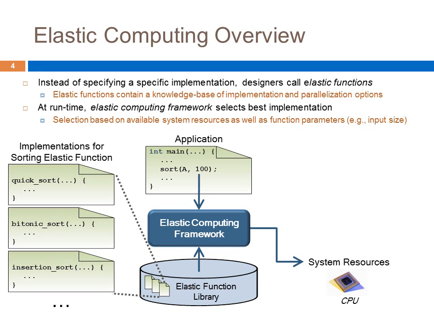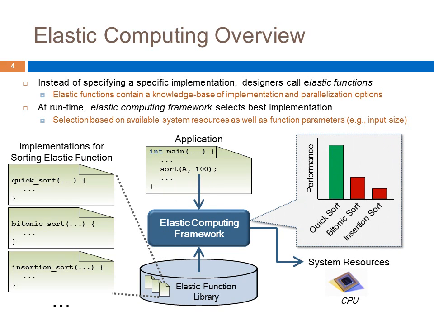So just to give you a specific example, let's stick with an application that's going to call a sort function. At runtime, this sort function is going to be called, and it's going to invoke the elastic computing framework, which will then consult its knowledge base of information. It'll see, okay, there's one CPU available right now.